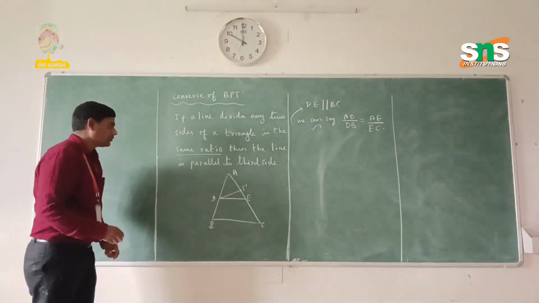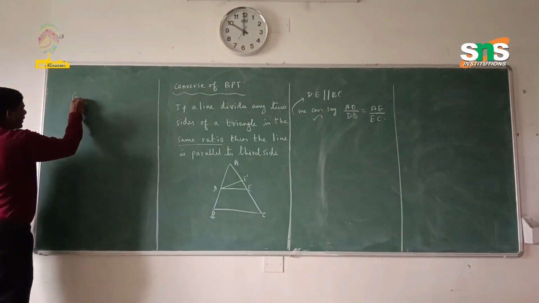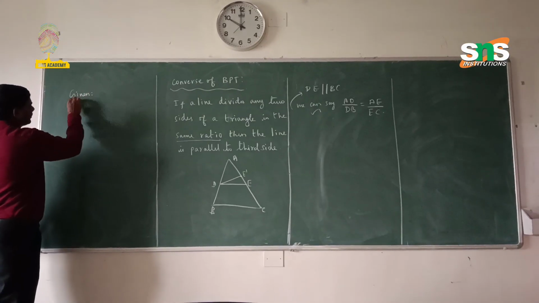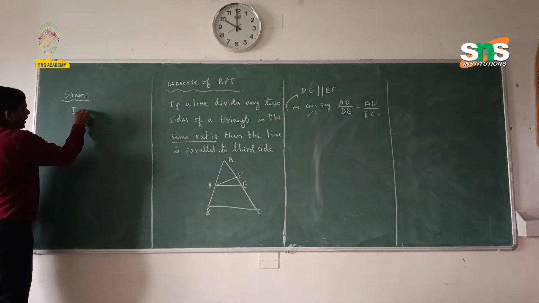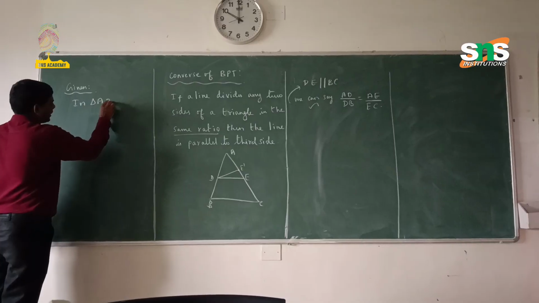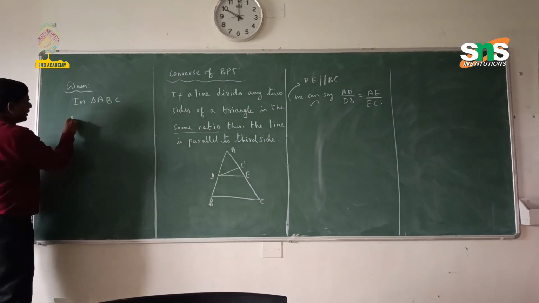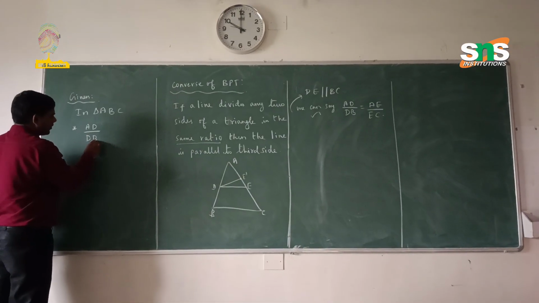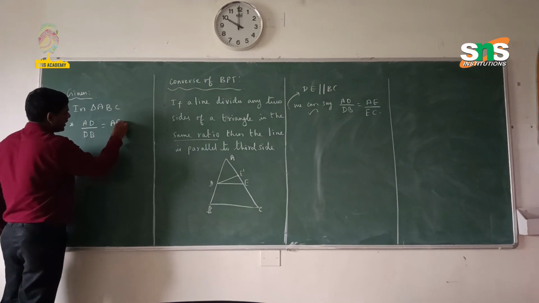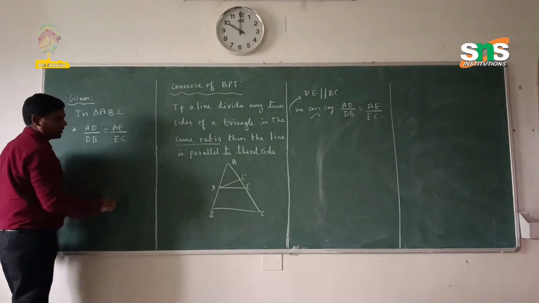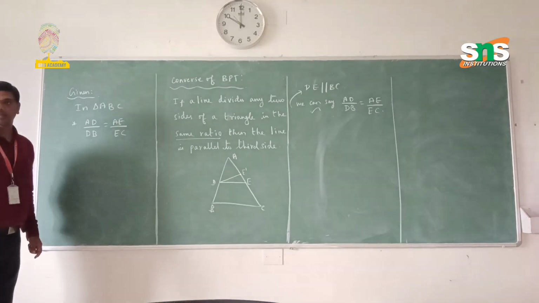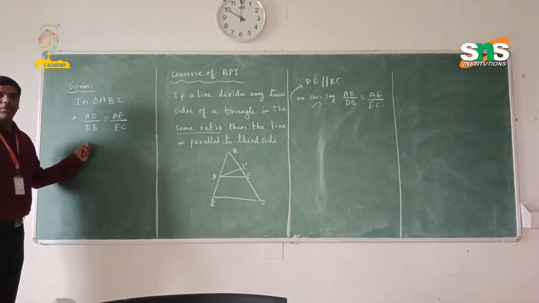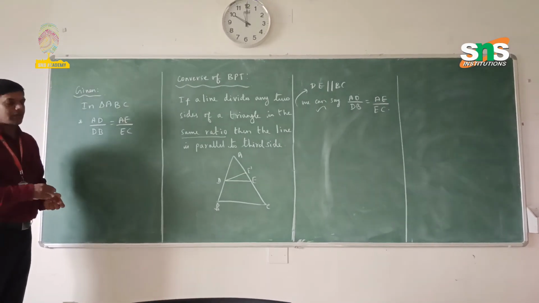Now, what things are given? In triangle ABC, it is given that AD by DB is equal to AE by EC. This is the one point given, that the sides are divided in the same ratio.